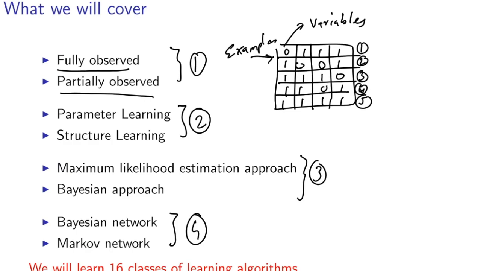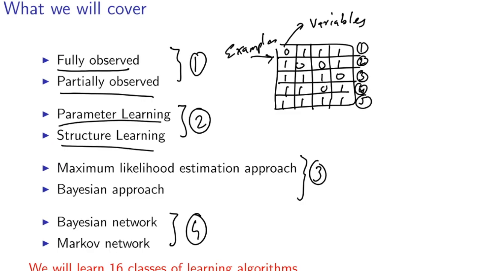The second dimension describes what is being learned in the graphical models. It takes 2 values, parameter learning and structure learning. In parameter learning, we assume that the structure of the graphical model is given to us. Namely, in Bayesian networks, we are given a directed acyclic graph, and in Markov networks, we are given the scopes of all potentials.